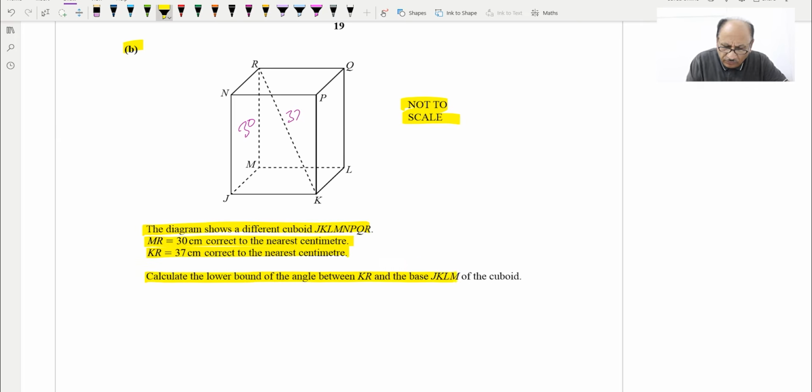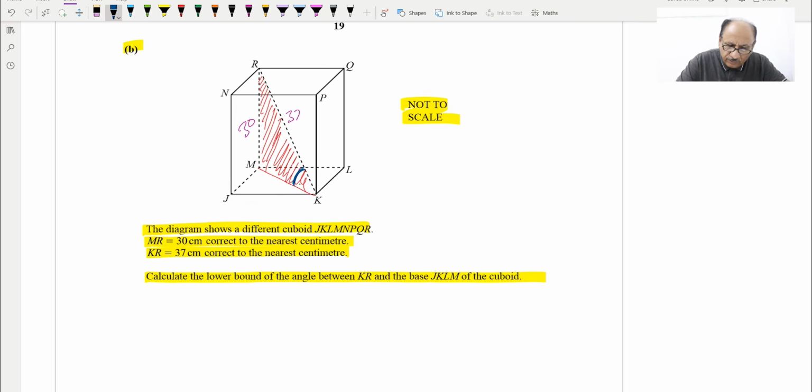Calculate the lower bound of the angle between KR and the base. So again we need to check the base, and the triangle which we are considering for the base is this triangle, and the angle which we require is this angle.